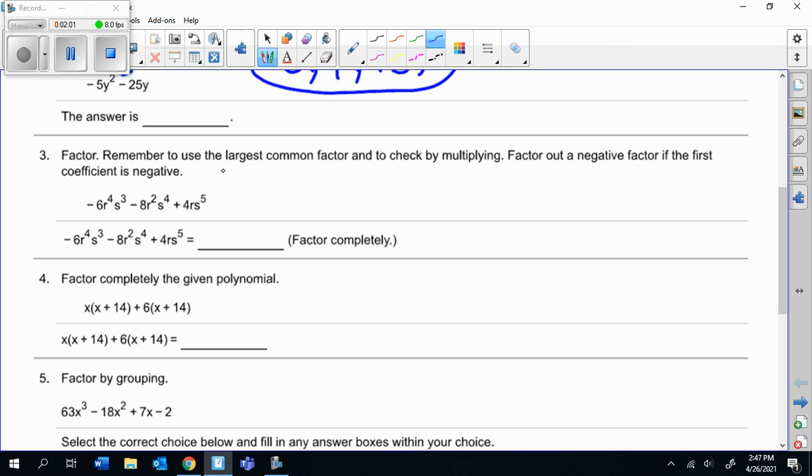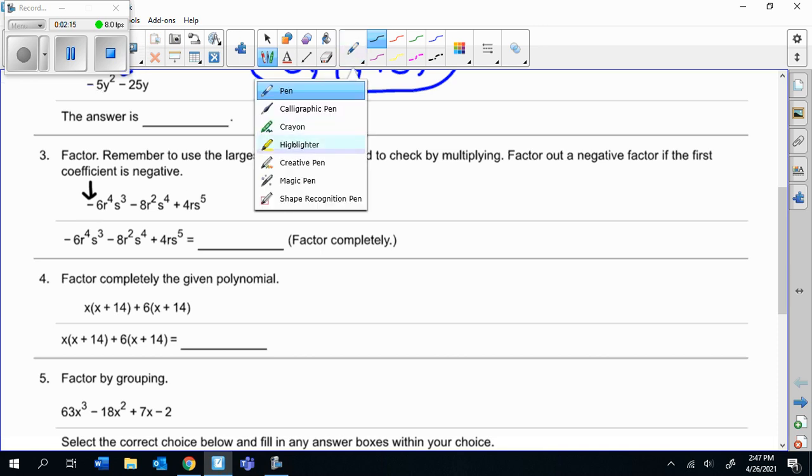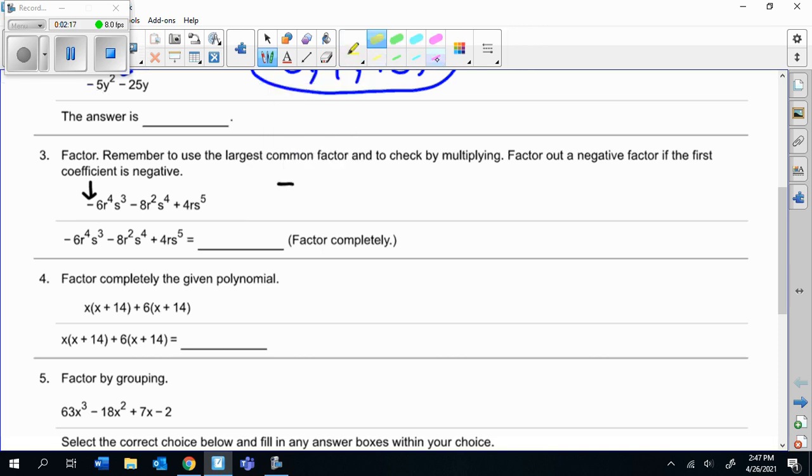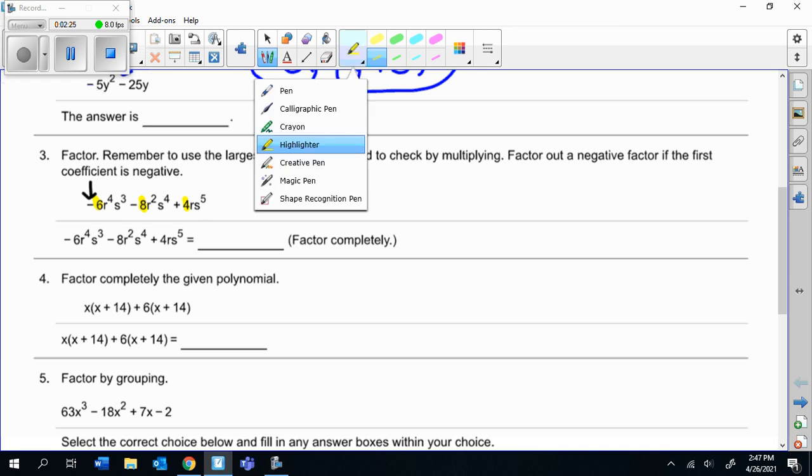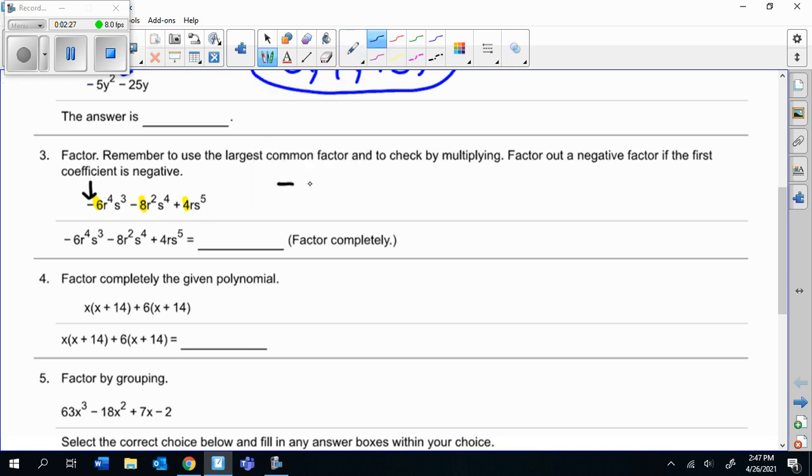Factor, remember to use, so basically the same instructions as before. I didn't intend to pick one that started with a negative, but it's okay. We can handle it. We're going to pull out a negative. Look just at the coefficients here for a second. So I've got 6, 8, and 4. They are all even numbers, so my greatest common factor is going to be a 2.